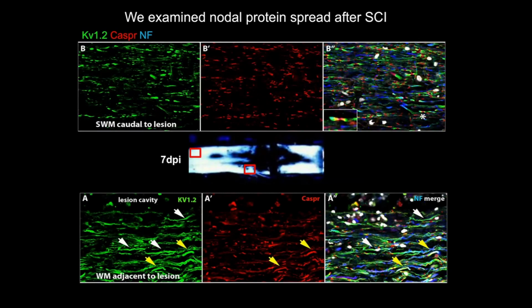And even there's examples of this overlap. So here's an example. You can see Caspr and potassium channels completely on top of each other, right? So shown here in these white profiles. So this suggests and shows to us that at least in this spinal cord, which was a 7-day post-injury cord, we do see evidence of what looks like demyelination along spared axons along the lesion border.